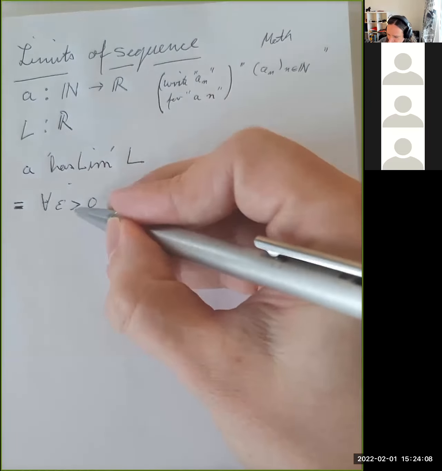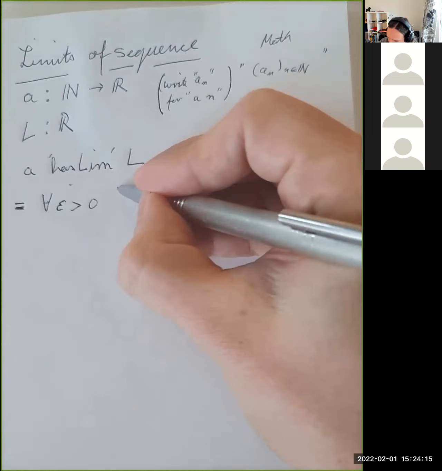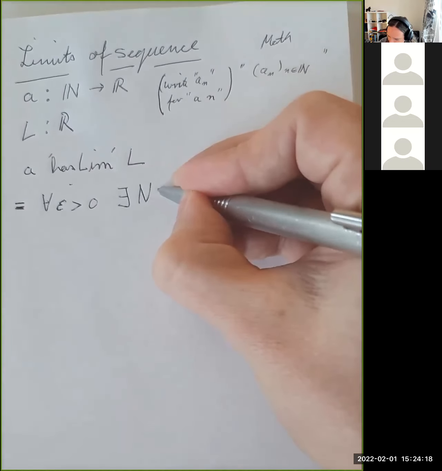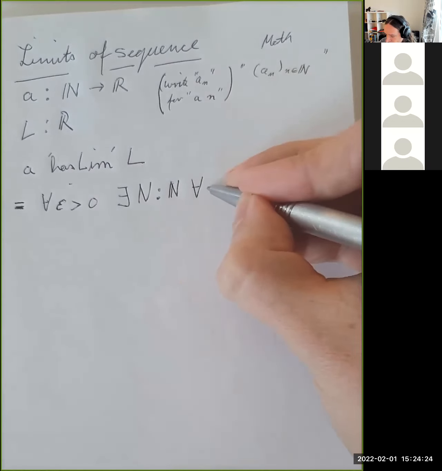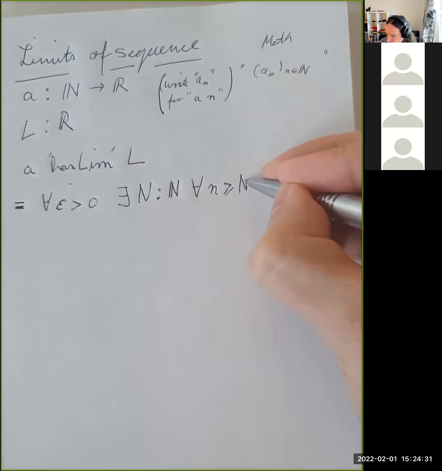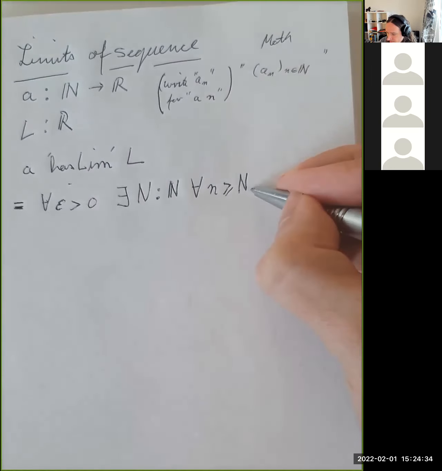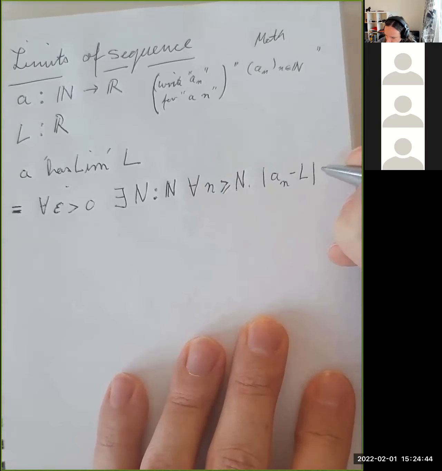So it says for all real numbers epsilon, which are greater than 0, there exists a capital N natural number such that for all natural numbers little n, which are bigger or equal to capital N, it has to hold that the value of the sequence at n has to be less than epsilon distance from the limit.